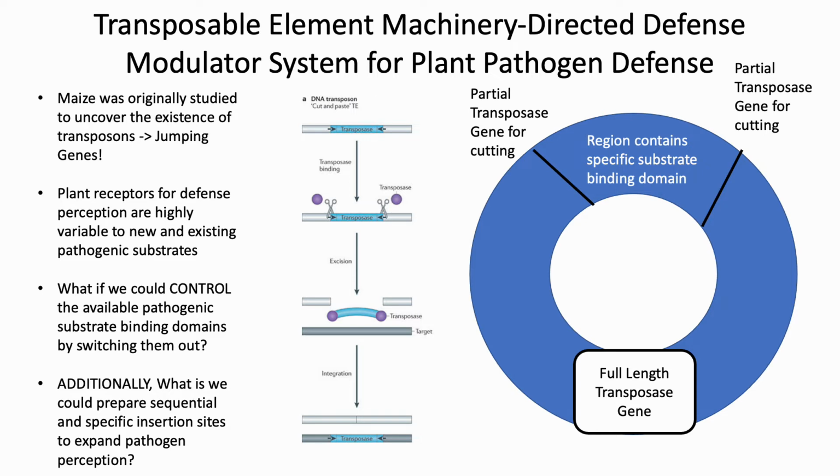So, for this example, we think about plant receptors for defense perception, and we know that they're highly variable to new and existing pathogenic substrates. In some plants, we can bind a pathogenic substrate, and in others, we see no binding at all, and thus no downstream defense response. So what if we could control the available pathogenic substrate binding domains by switching them out?